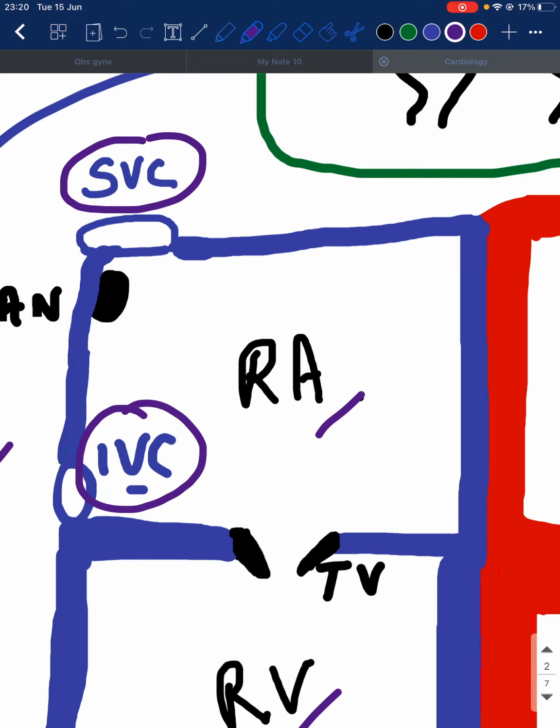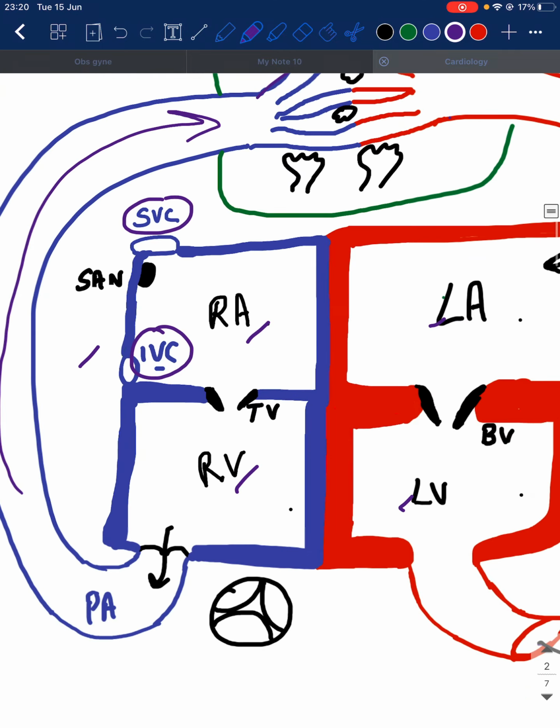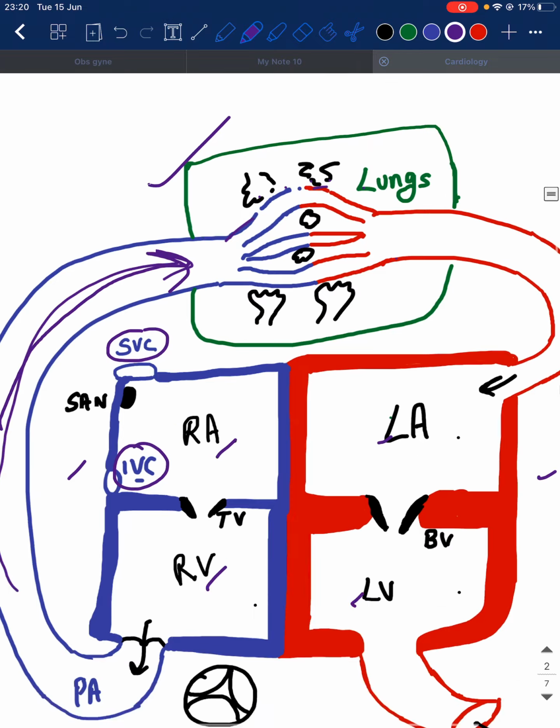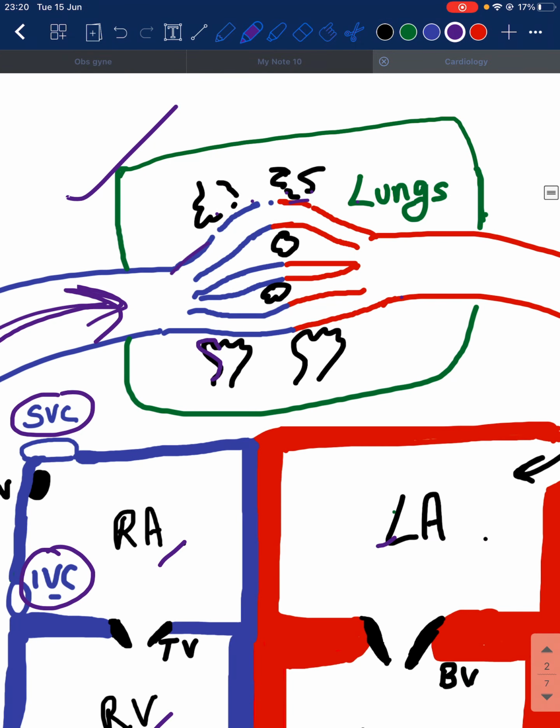So above the level of the heart SVC, below the level of the heart IVC. From the right atrium the blood goes into the right ventricle. From the right ventricle the blood goes into the pulmonary artery and to the lungs. In the lungs there are small alveoli where oxygenation of the blood occurs.